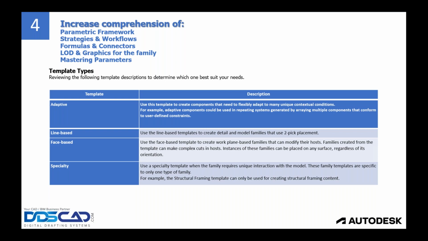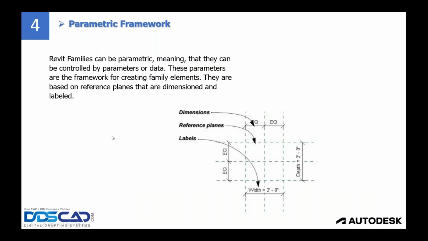There are other family styles like line-based families, face-based families, specialty families, etc. Line-based families are families that we can create from one point to another point, very similar to the way that we do, for example, pipes or walls or cable trays or conduits, where we start to trace our route or lines, and then the pipes are created. We can do the same with families that are created by ourselves. So that is important to know.